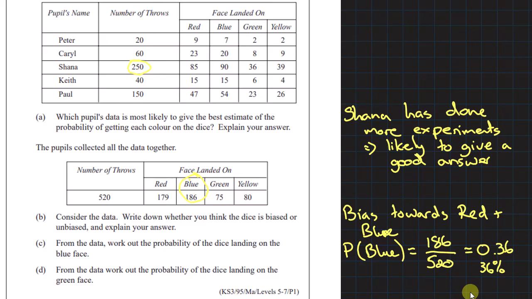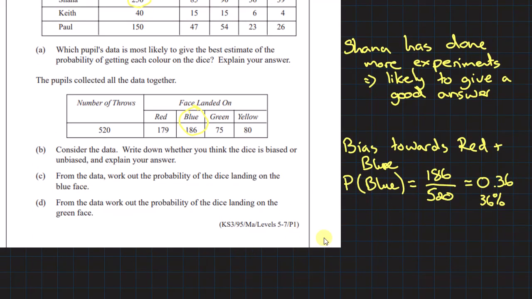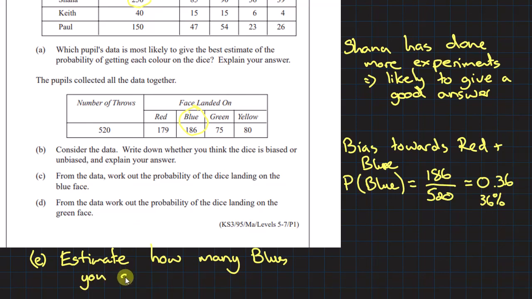Probability of landing on the green, you can go away, do the same calculation. The other thing I can do with this, though, is I can make a prediction, which is often an E-type question: estimate how many blues you should get for 1,000 tries.